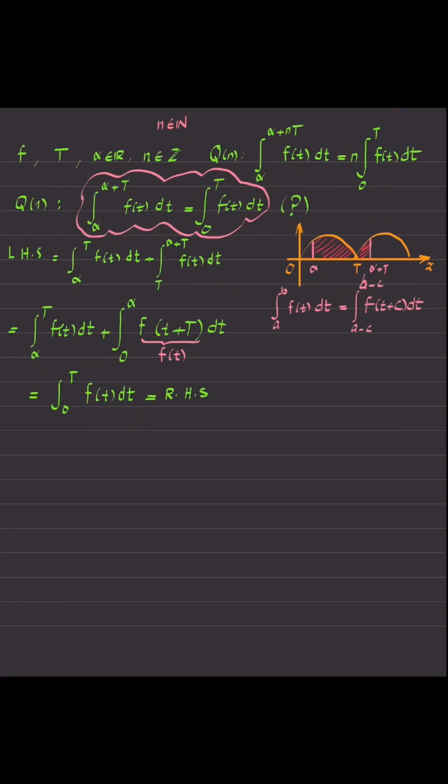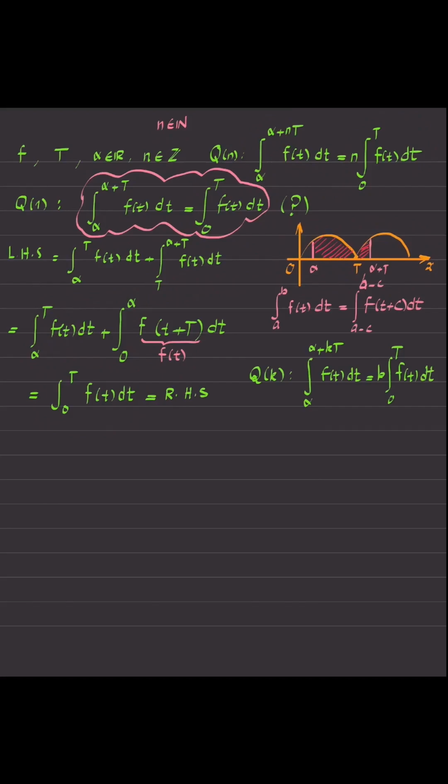Okay, now I assume that k is a natural number. I also assume that Q of k is true. Q of k means go to Q of n and replace every appearance of n with k. So the integral from alpha to alpha plus kT of f of t dt equals k times the integral from 0 to T of f of t dt.